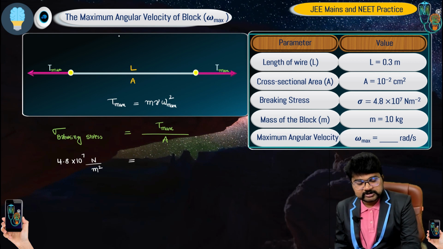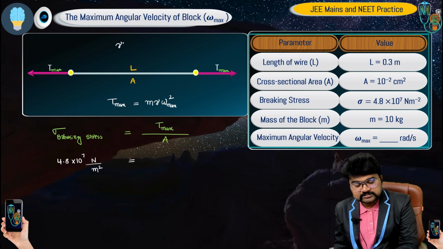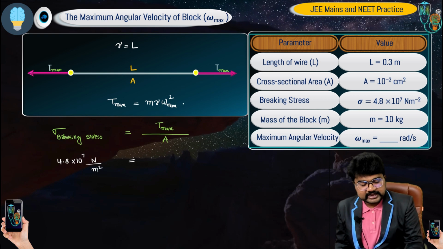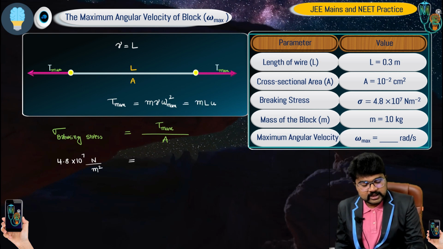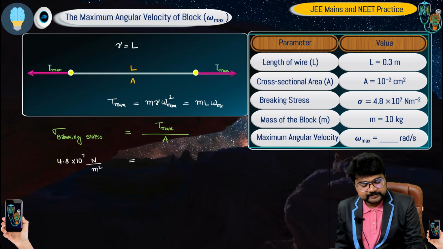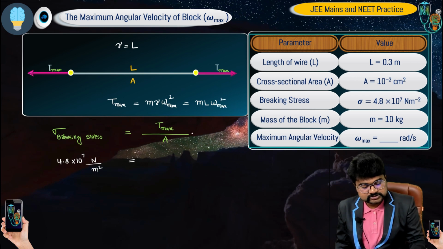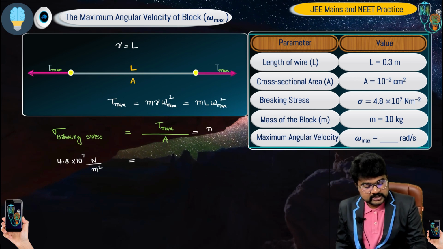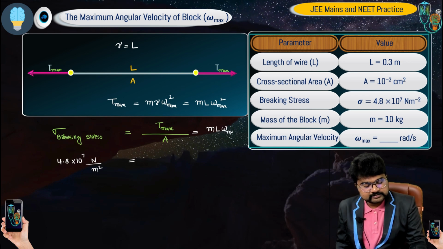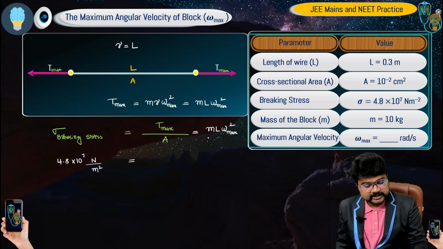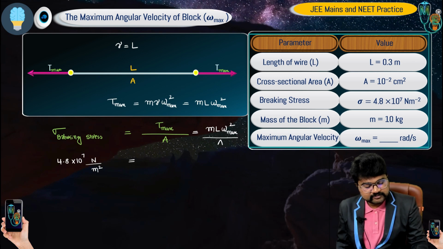At this particular condition, R becomes equal to L. I can write it as M L omega maximum square divided by area of cross section.